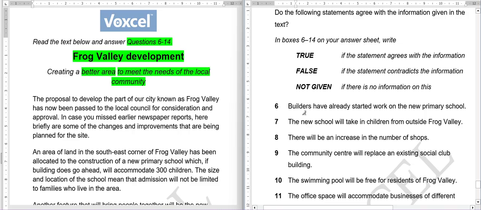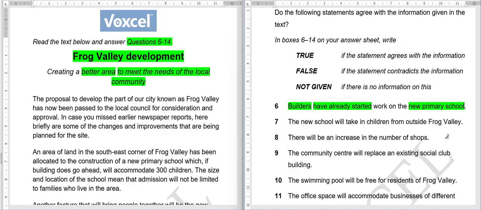Builders have already started work on the new primary school. When will the answer be true? When builders have already started. Already started means the work has begun on the new primary school. If the work has already begun, meaning it's under construction, then the answer will be true. When will the answer be false?